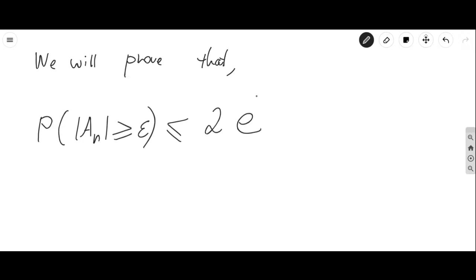It's 2e raised to the negative power of, so I have to look this up, negative n epsilon squared over 2 times 1 plus epsilon over 3.